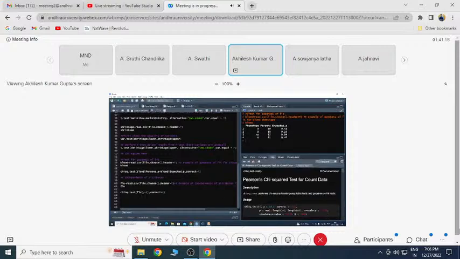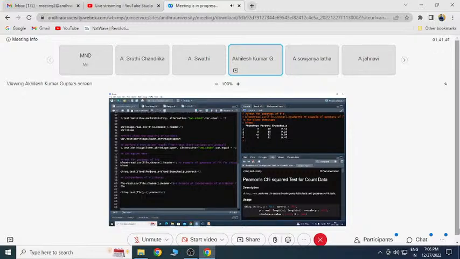As you can see here, for the chi-square test I have taken blood data, and from that blood data I have taken persons as my x variable. In place of p equal to, I have taken the expected probability from the blood data, and correct equal to false. This is your Yates correction. If you know the theory about chi-square, there is one thing called Yates correction for continuity.